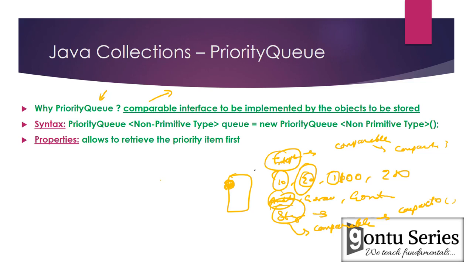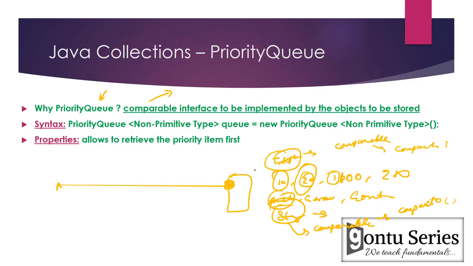But if you're writing a user defined class yourself, like Country, then it's mandatory that the Comparable interface is there. Without that PriorityQueue cannot work, because it has to put the minimum element at the start. If you do not implement it in that object, it is not going to work.